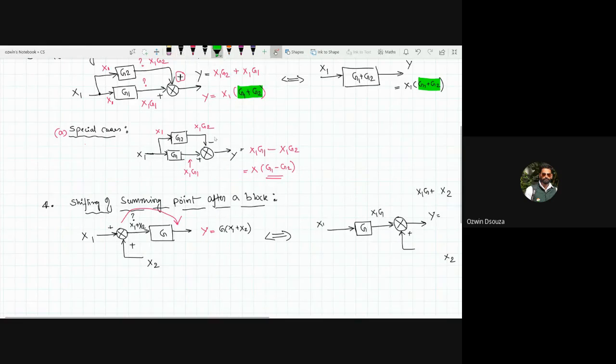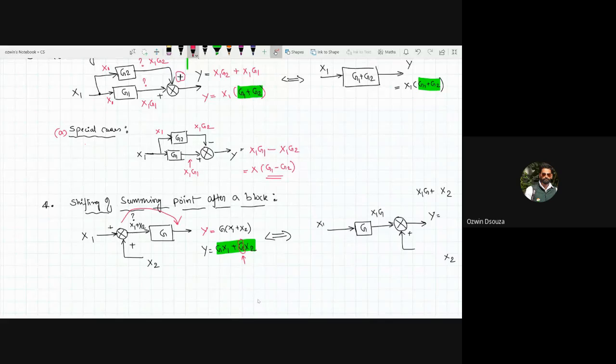Now check your output. Before shifting, your output is Gx1 plus Gx2. But after shifting the summing point, your output has become Gx1 plus x2. So what is missing in your output? This G term is missing.